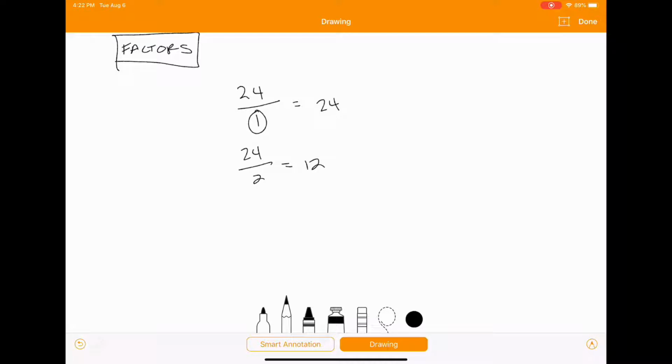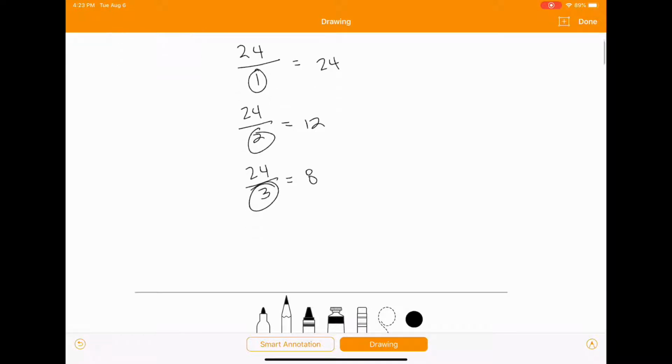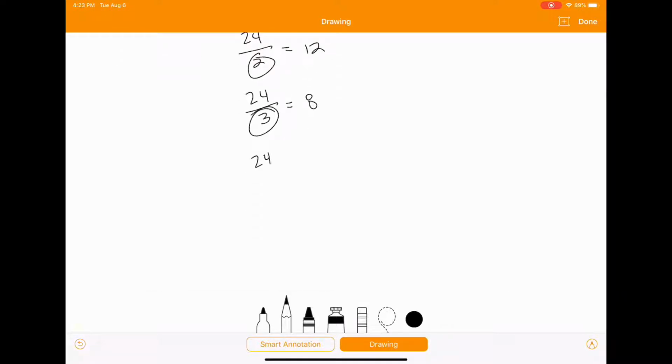When you divide by 2, you get a whole number, so 2 is a factor. When you divide by 3, you get a whole number, so 3 is a factor. When you divide by 4, you get a non-decimal number, so 4 is a factor.